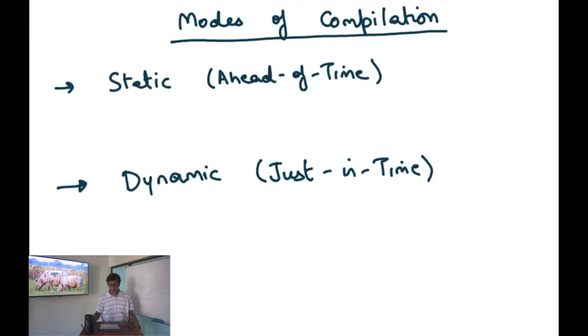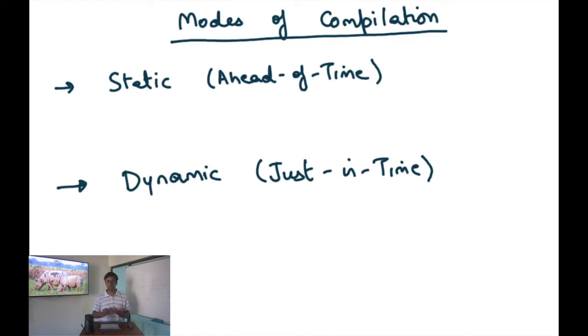Now, there's another type of compilation, which is dynamic compilation or just-in-time compilation. Here, we don't compile the source code ahead of time. When we start running that program source code, in other words, when we start interpreting that program source code, during this interpretation, we decide that we are going to partially evaluate the interpreter, or we're going to start compiling the executable as it starts running, right?